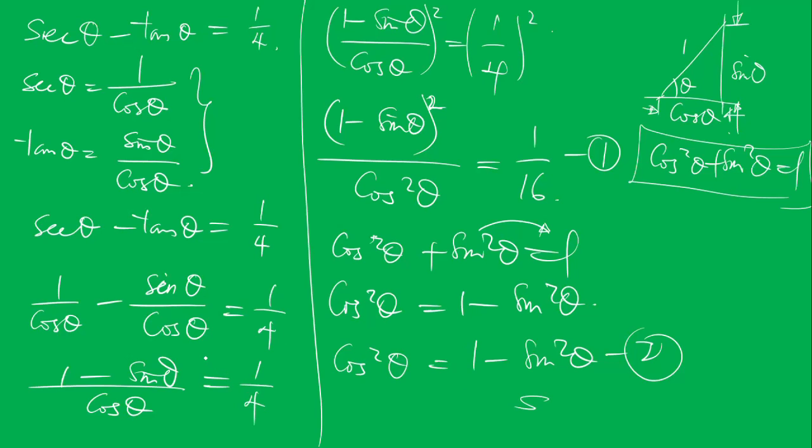Now substituting equation 2 into equation 1, changing cos square theta to this, we have 1 minus sine theta all squared divided by cos square theta equal to 1 over 16.